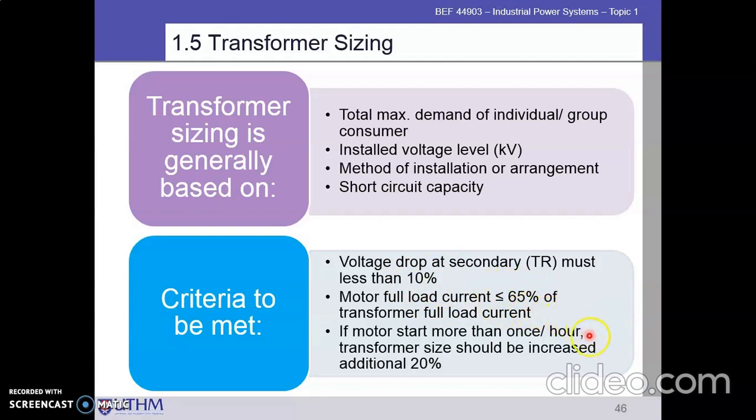And if a motor starts more than once per hour, the transformer size should be increased by an additional 20%. Because if there are more starts, the starting current is higher. That's why the transformer size should be increased by another 20%.